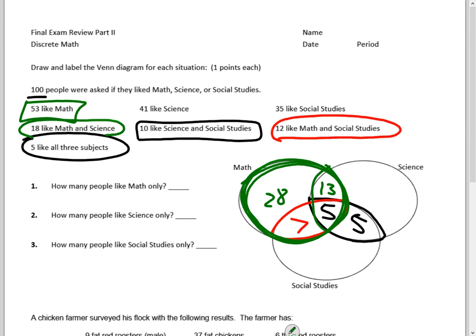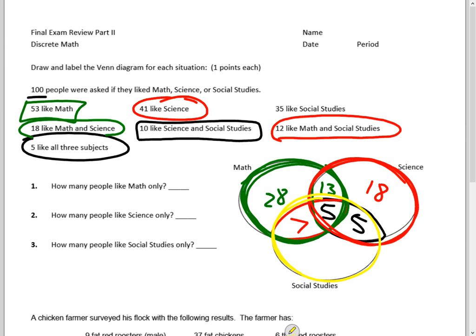Then look at science. I need the entire circle to total up to 41. How many are already in there? 23. I need 18 more. Then social studies is this circle. That's 12, 17, and I need 35, which is another 18.